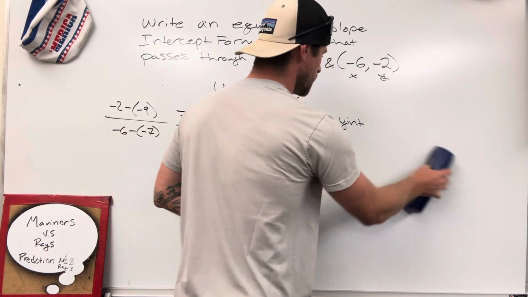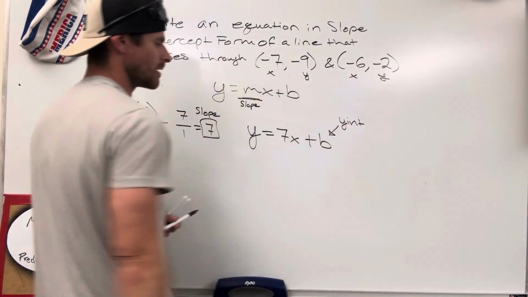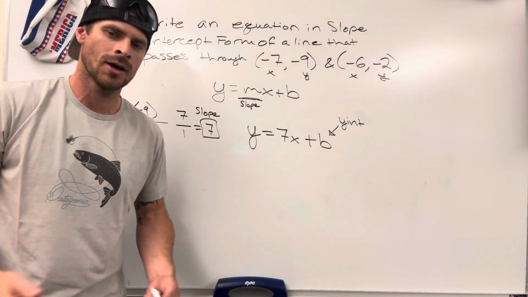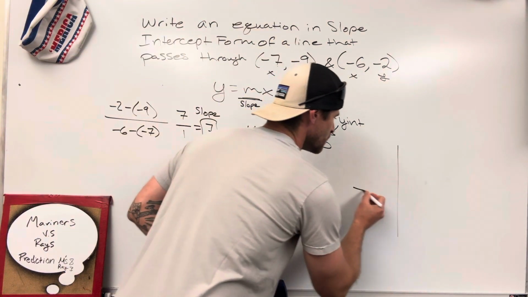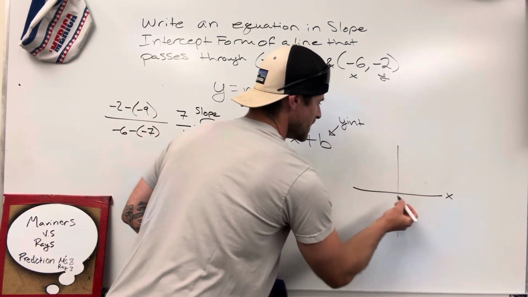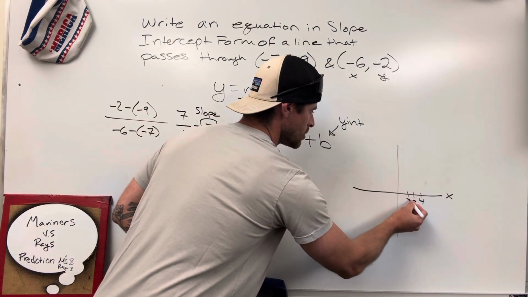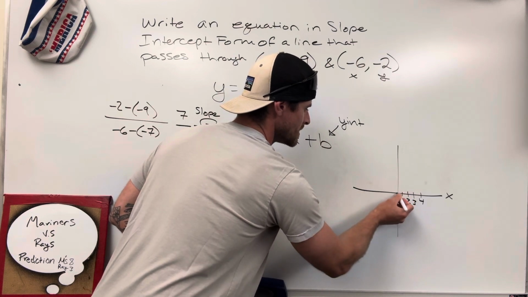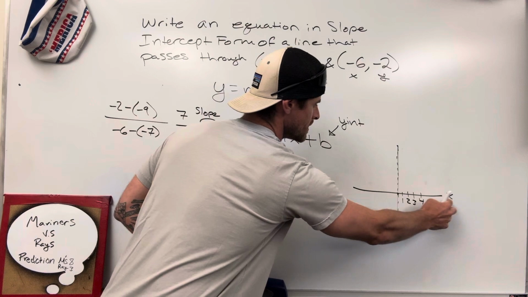So how do we determine where a line that goes through this coordinate and this coordinate is going to cross the y-axis? Well, one thing we know about the y-axis is on a Cartesian plane, that's where x is not 4, not 3, not 2, not 1, but 0. When we are on this line right here, x is 0.